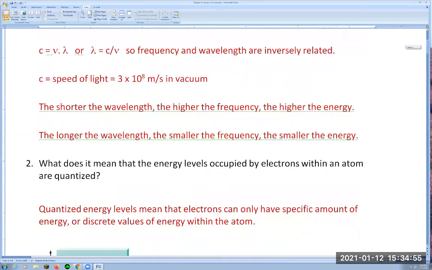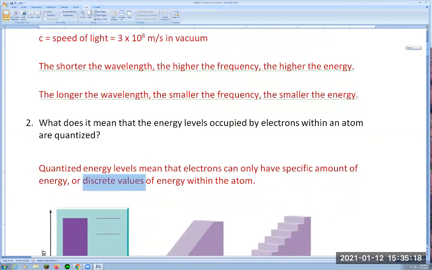It means that the values are very specific. The electrons cannot have any kind of value you want. It is a very specific amount of energy that they possess when they are in a specific orbital. So we call these discrete values of energy, which means it's not continuous.